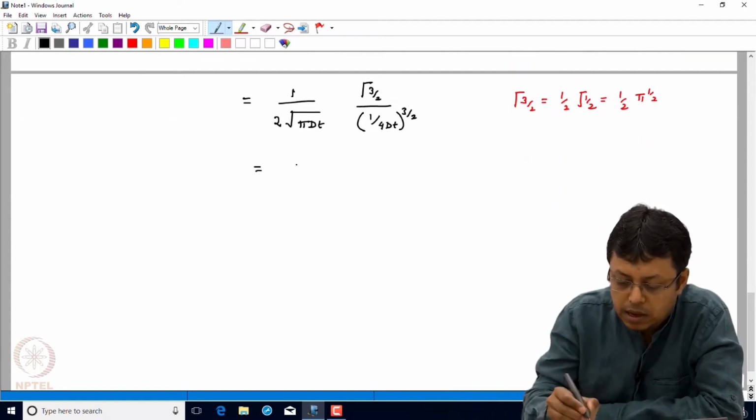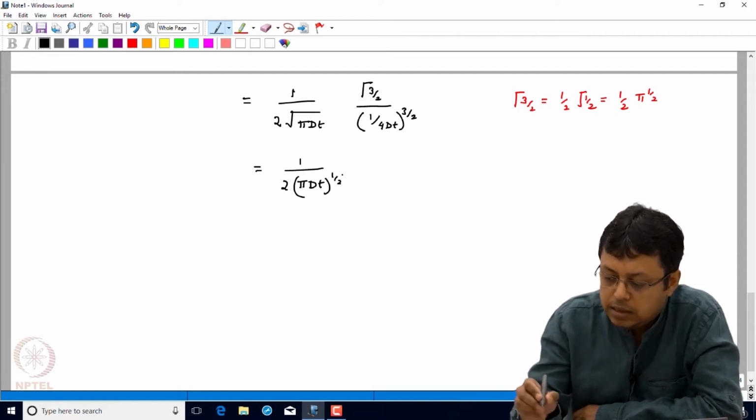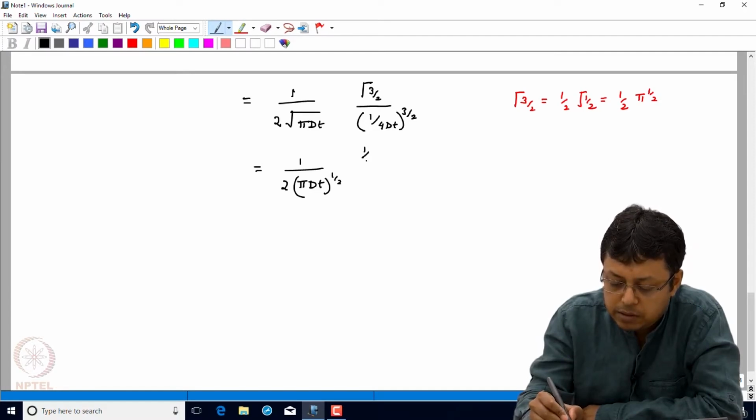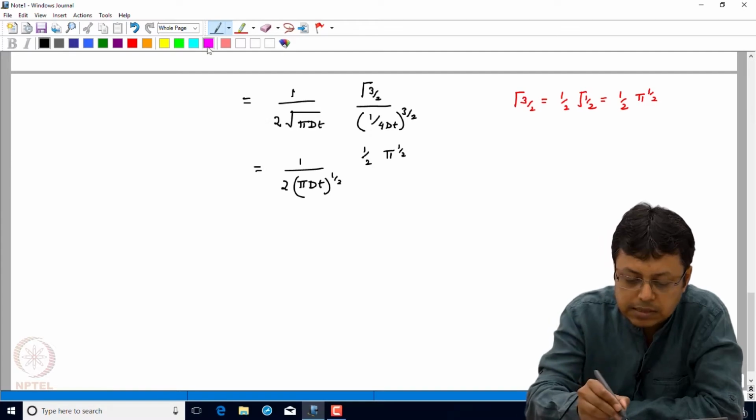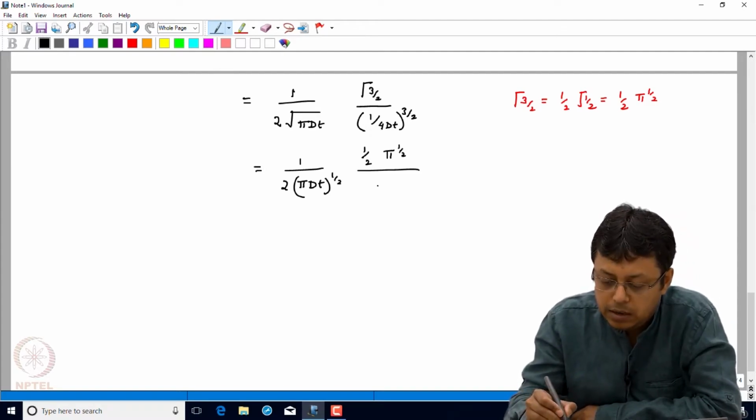So as you see, I have 1 over 2 pi dt to the power half, and then I have half here, and I have pi to the power half. So this pi to the power half will basically cancel out with the other pi to the power half in the denominator, and then what I have is 1 over 4 dt.